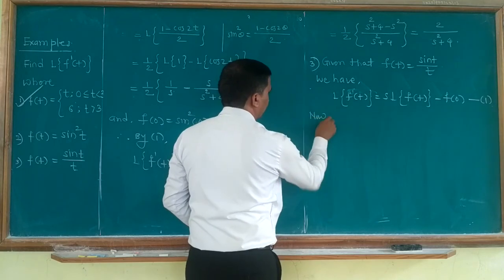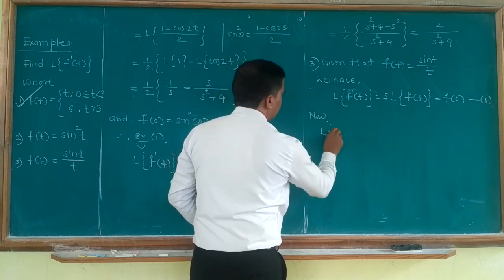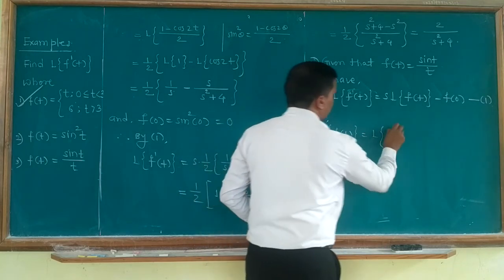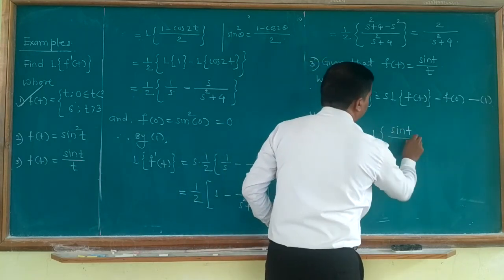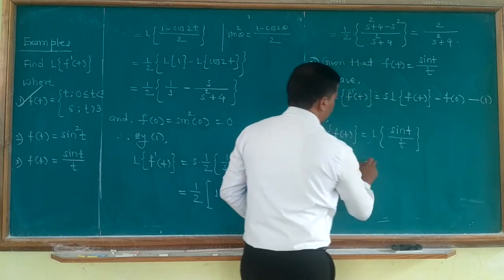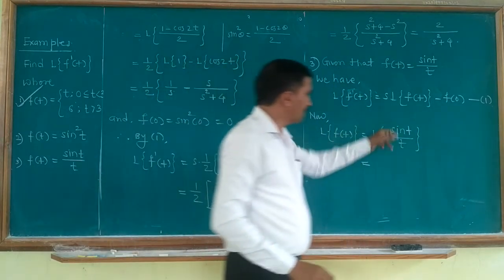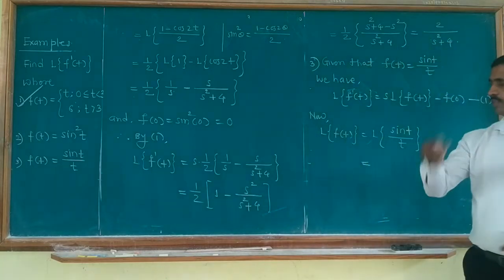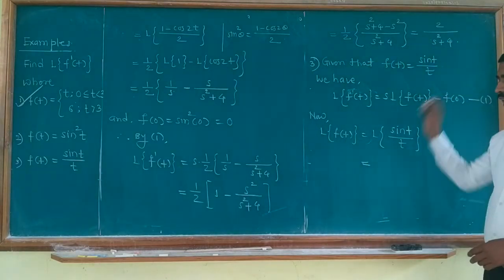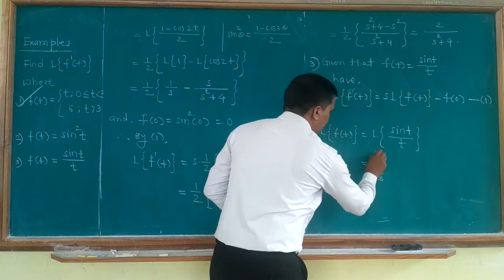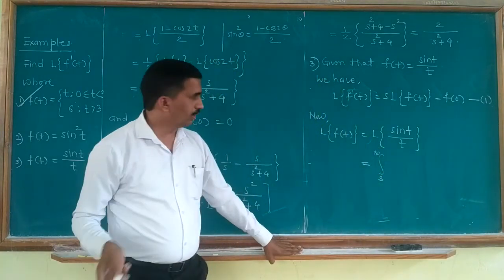Now, Laplace transformation of f of t is equal to Laplace transformation of sin t divided by t. Now, here, division by t is there. So, whenever there is a division by t, you have to take the integration from s to infinity. But integration of what?